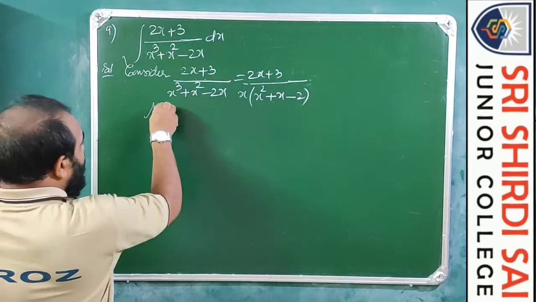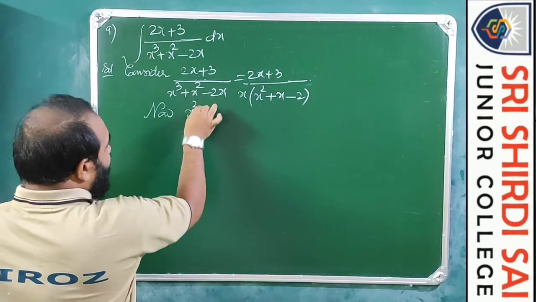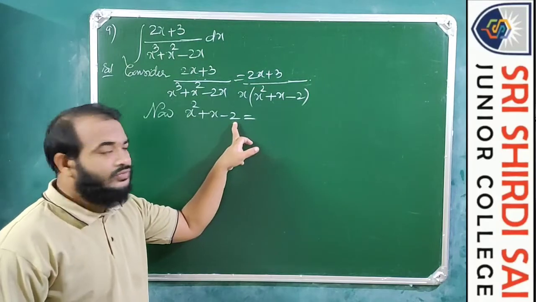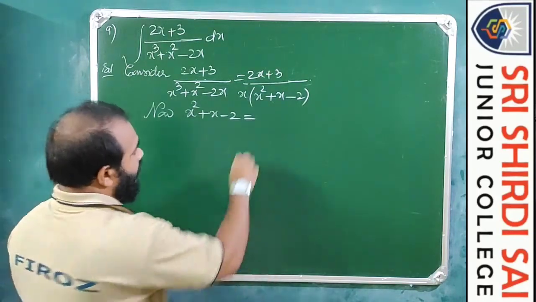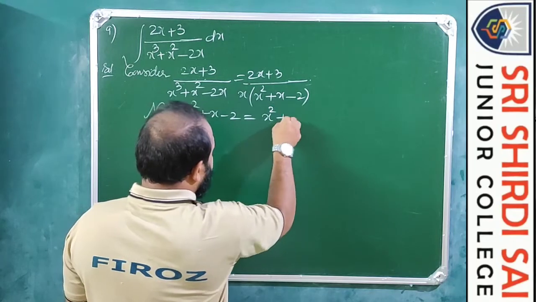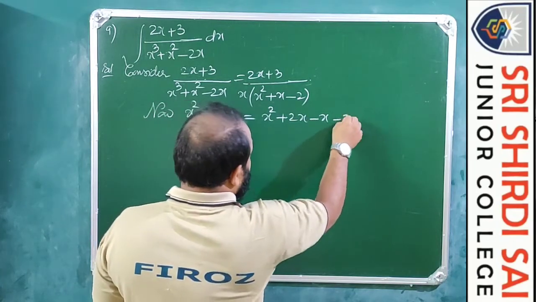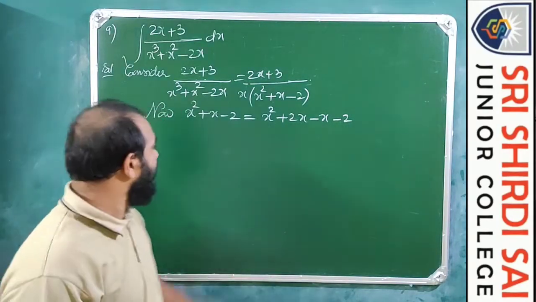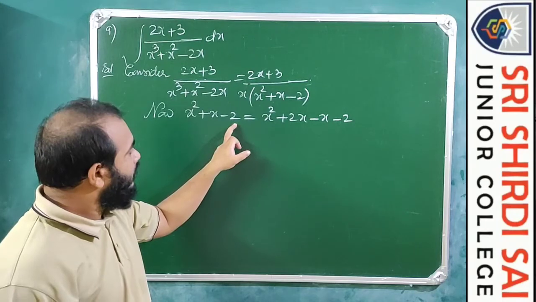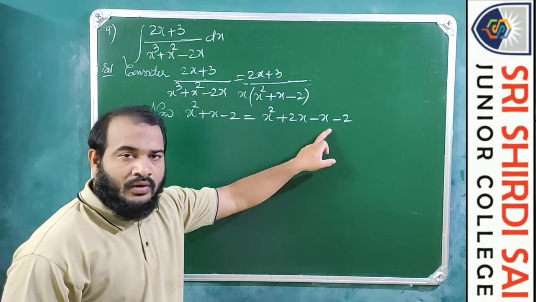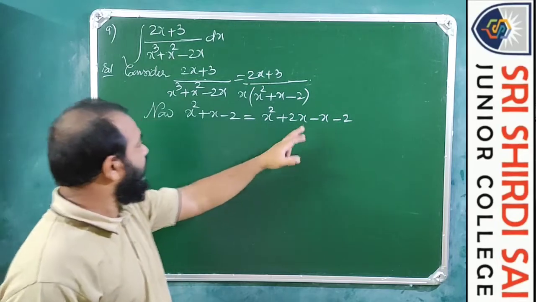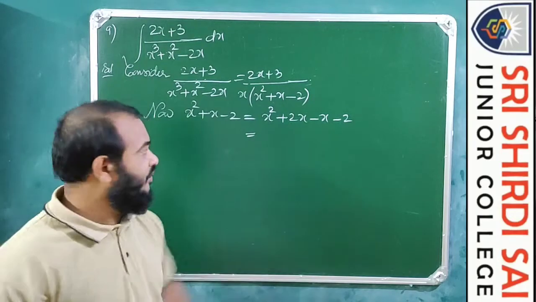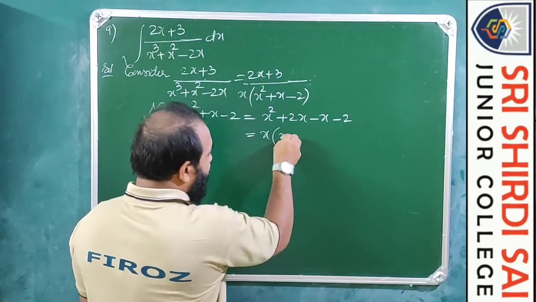Now, x square plus x minus 2. 1 into 2 is 2, so this is x square plus 2x minus x minus 2. I have expressed it this way because 1 into minus 2 is minus 2, and 2 into minus 1 is also minus 2, and 2 minus 1 is 1. So 1 into x. So we have done the splitting of the middle term method. Now take x common, then x plus 2.